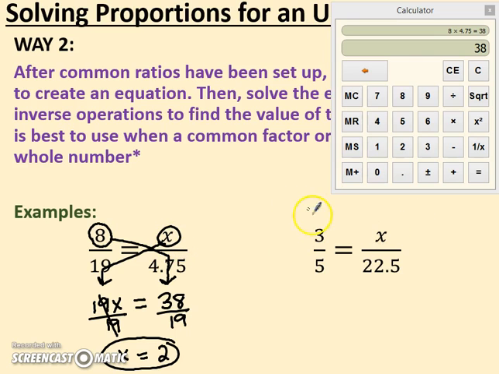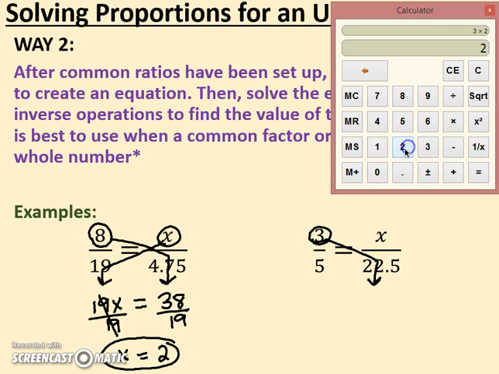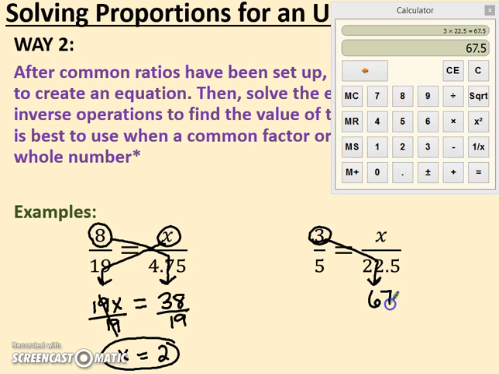Now let's work on our second example. 3 times 22.5. So 3 times 22.5 is equal to 67.5. x times 5 is 5 times x. We don't know what that value is.